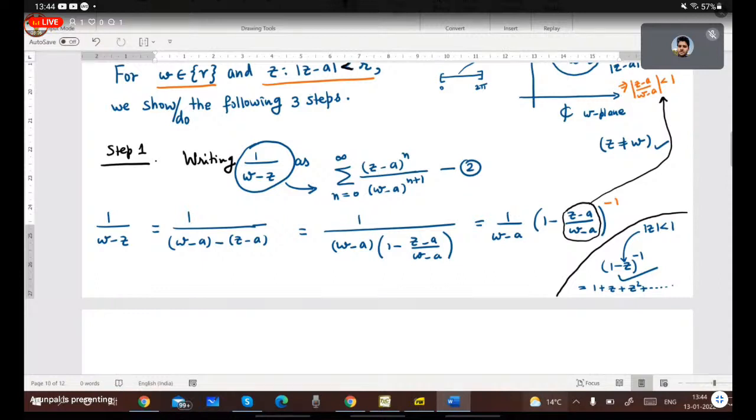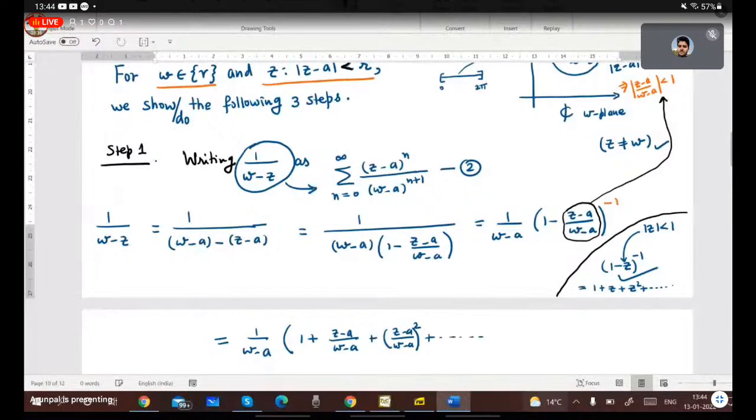Yes, sir. So class, I would be further able to write it like this: 1 upon W minus A, and this will be nothing but 1 plus, and my Z is Z minus A upon W minus A, very easy, plus Z minus A upon W minus A whole square, and likewise.